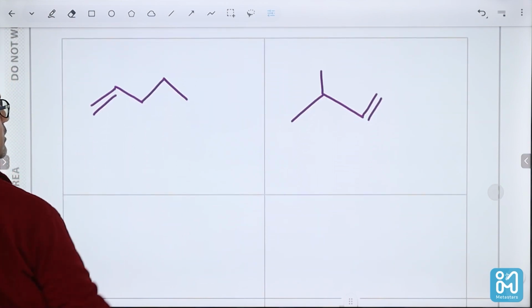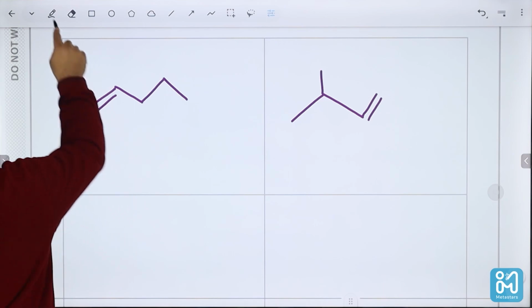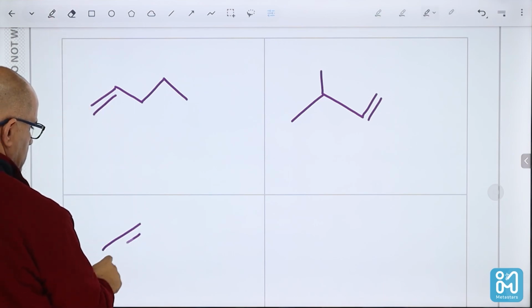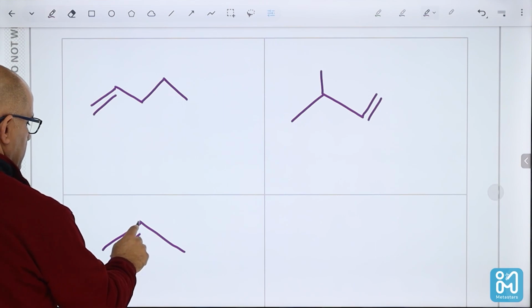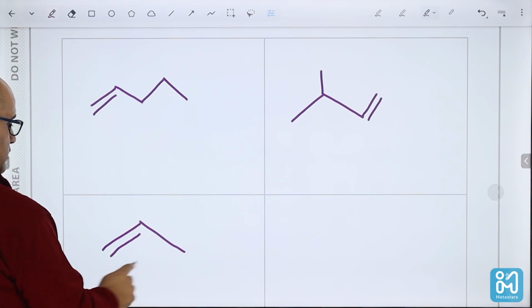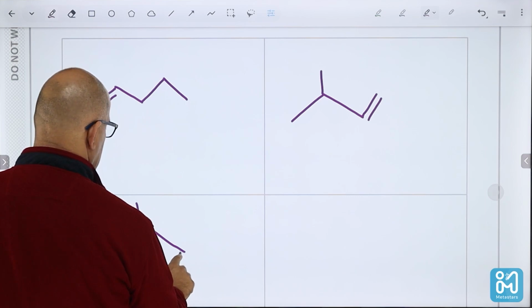And another one is this one, where we have it like this.